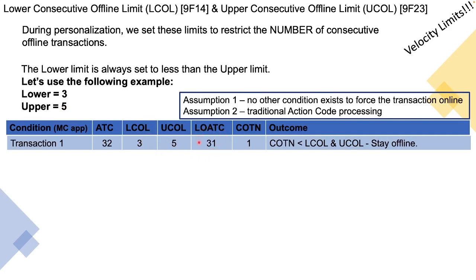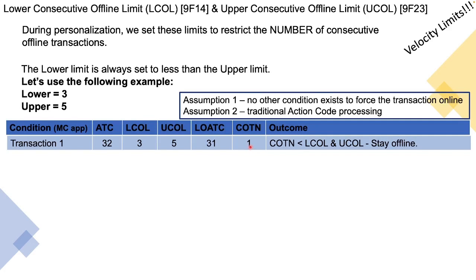We're seeing an LOATC. Remember we spoke of this in the last video, last online application transaction counter. So what was the transaction count when the card last went online? We know it was 31, which was the previous transaction. So we've got a counter here, which we've mentioned in the counter section, and the counter is now 1.